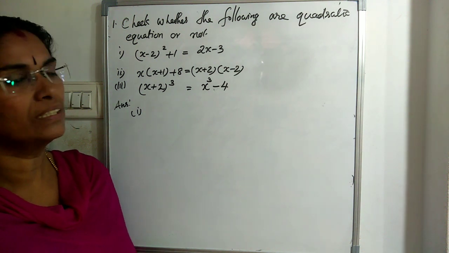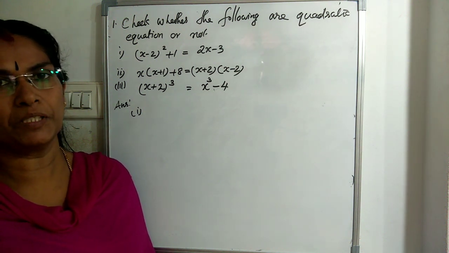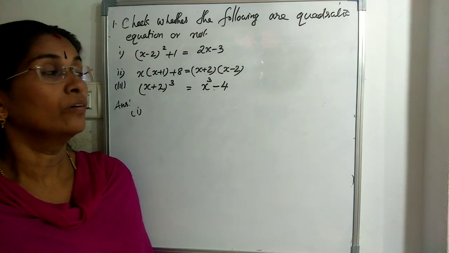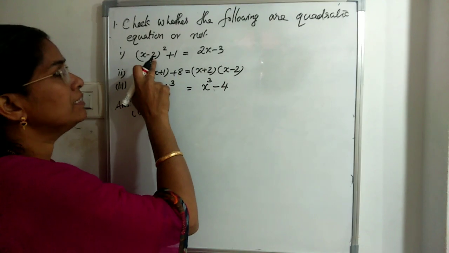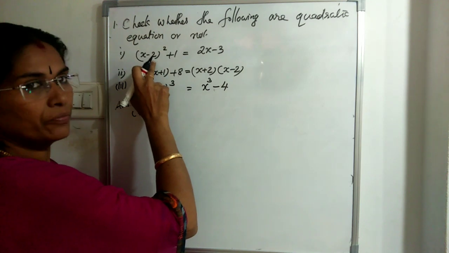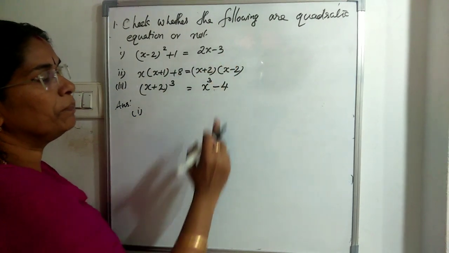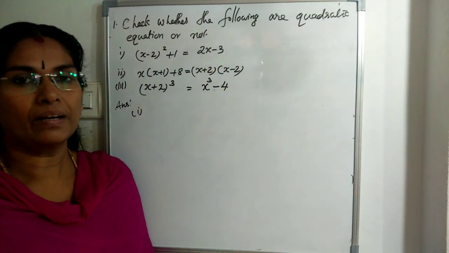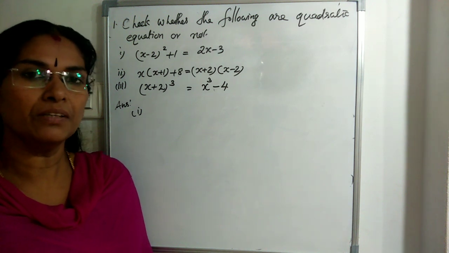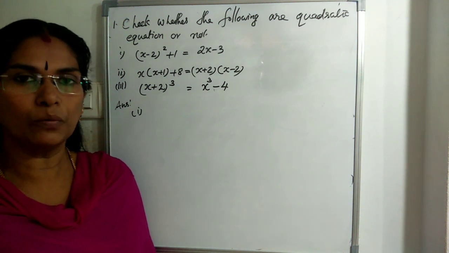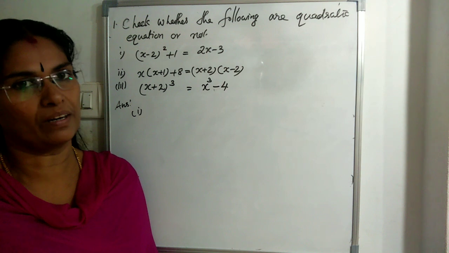But it is not in the form ax square plus bx plus c. So here we have to expand using the identity and solve and make it a quadratic form. If it is in the form ax square plus bx plus c equal to 0, then we can say it is a quadratic equation.